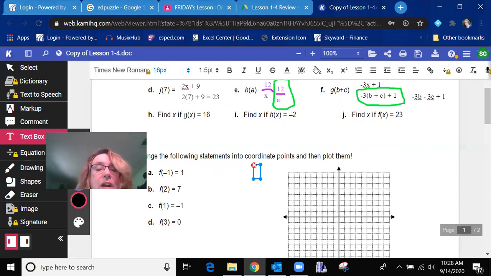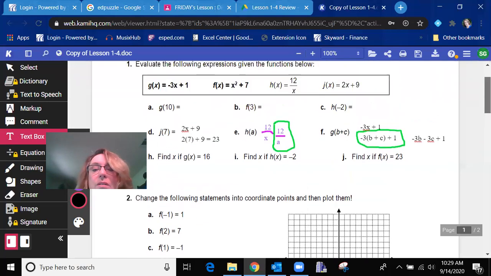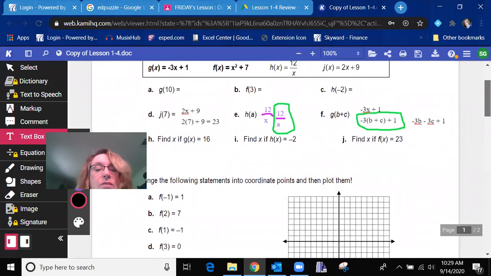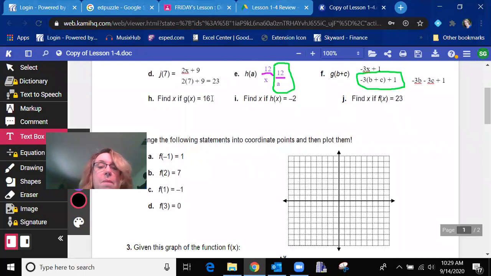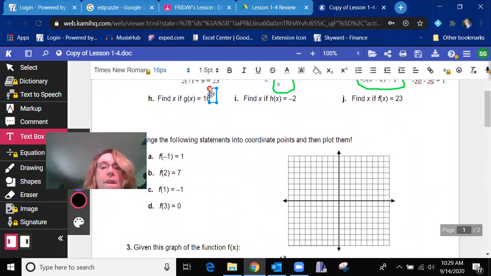But this one, H, says find x. So they give you y, but you have to find the x. Yeah, so I have to look at g of x. G of x is negative 3x plus 1. I'll do that here. Negative 3x plus 1, and that's equal to 16.